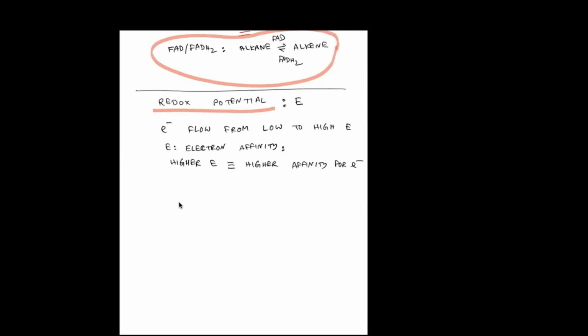So I am going to take the electron from someone who has a lower redox potential or lower affinity. Make sense? Do you see what I mean? So electrons always flow from low to high redox potential, and redox potential is an electron affinity. So higher E means higher affinity for electrons, right?